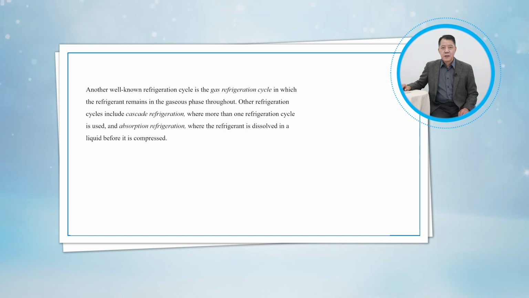Another well-known refrigeration cycle is the gas refrigeration cycle, in which the refrigerant remains in the gaseous phase throughout. Other refrigeration cycles include cascade refrigeration, where more than one refrigeration cycle is used, and absorption refrigeration, where the refrigerant is dissolved in a liquid before it is compressed.